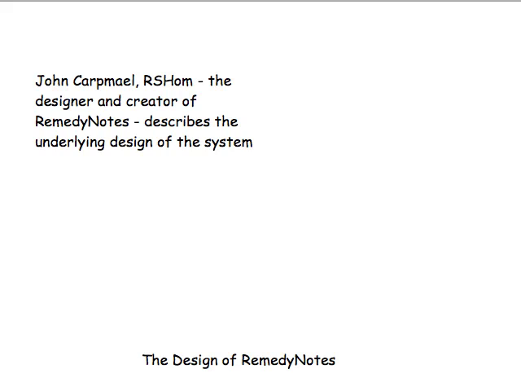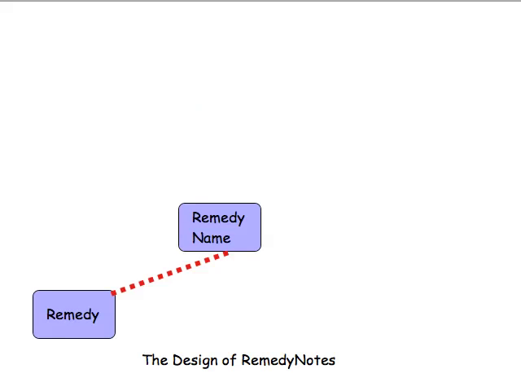So what I'll do now is introduce a diagram that sets out how RemedyNotes works. To begin with, we've got a remedy file, and that contains information about each of the remedies that we're going to be interested in within RemedyNotes.